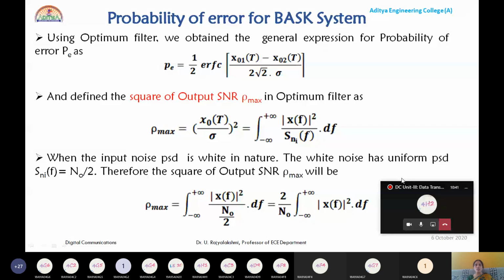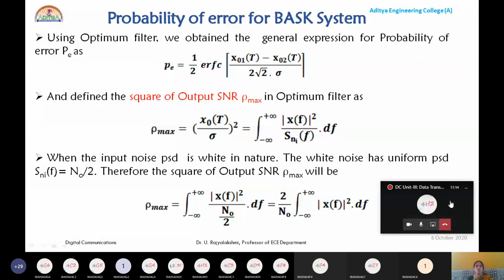Any one of the students, can you explain the general form or general expression of the binary ASK signal? If you know this, we can easily solve the probability of error. Any one of you, please respond. What is the general expression of the binary ASK signal? What is the general form?